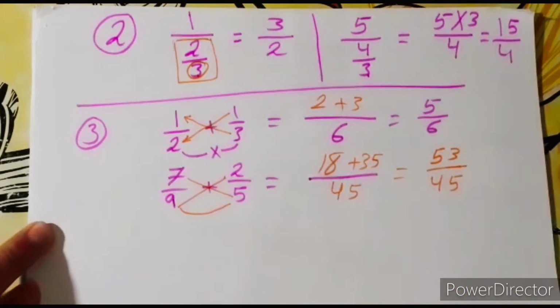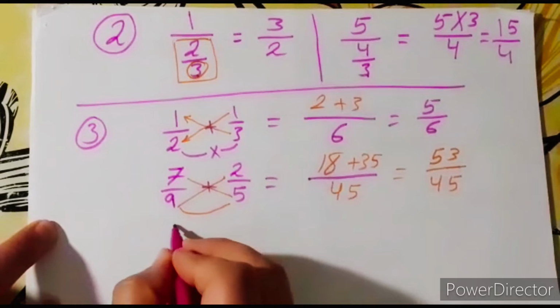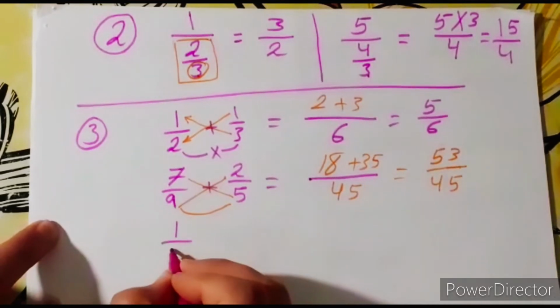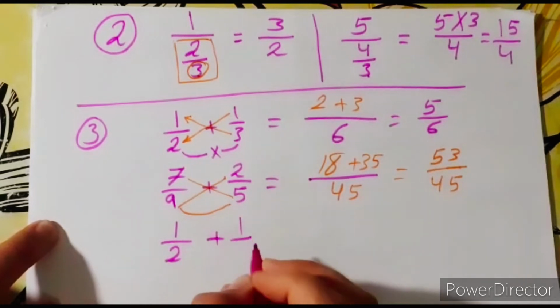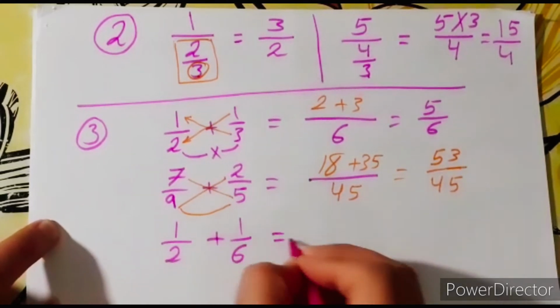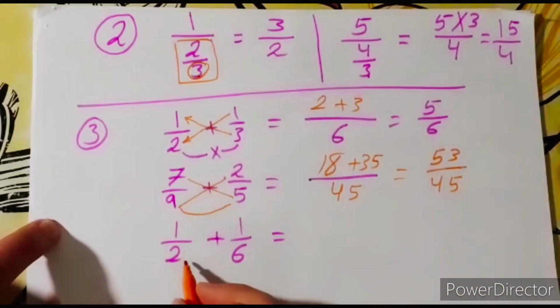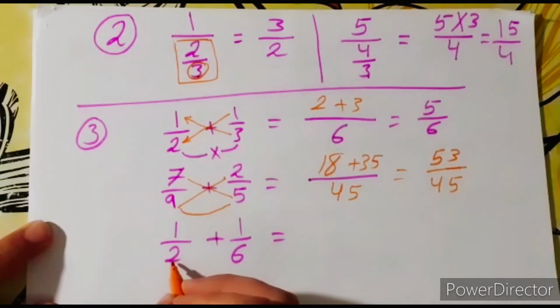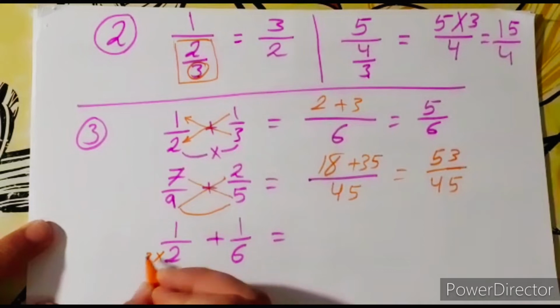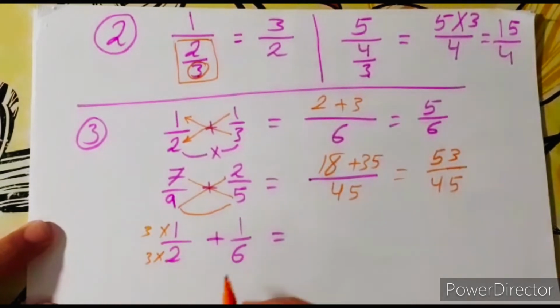Okay? But if you have this fraction, we can find the result by the simplest method: 2 multiplied by 3 and 1 multiplied by 3.